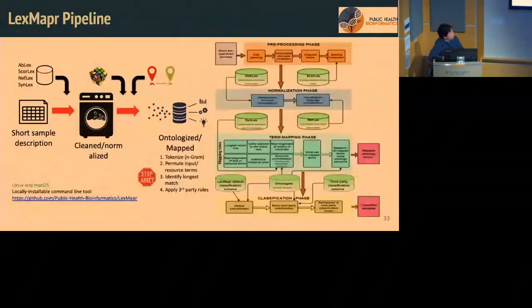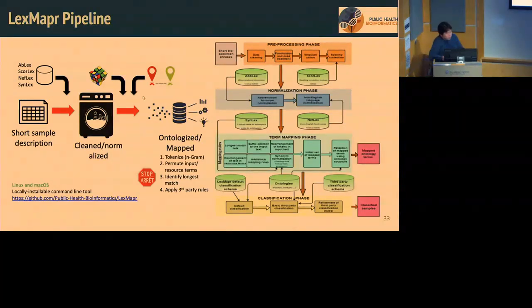So I have two levels of representation in terms of detail. We'll just focus on the left-hand side. Essentially, sample terms are input into the system, and then they're mapped to different lexicons, different bodies of text, in order to find the closest match, and then clean up any synonyms, but also any typos or abbreviations and so on.